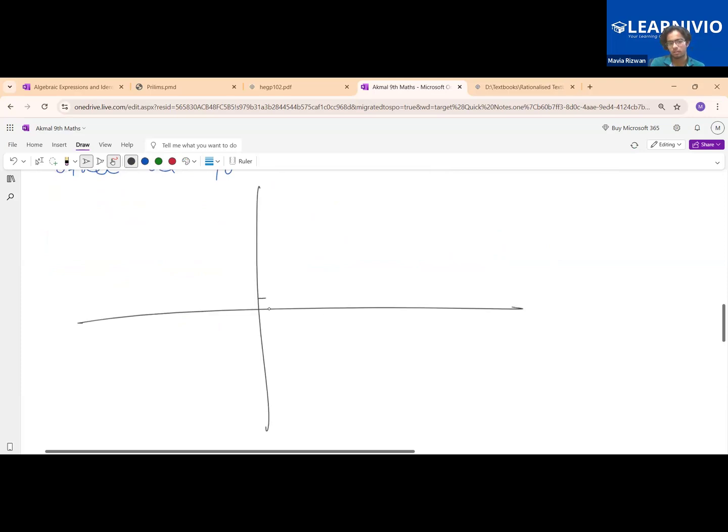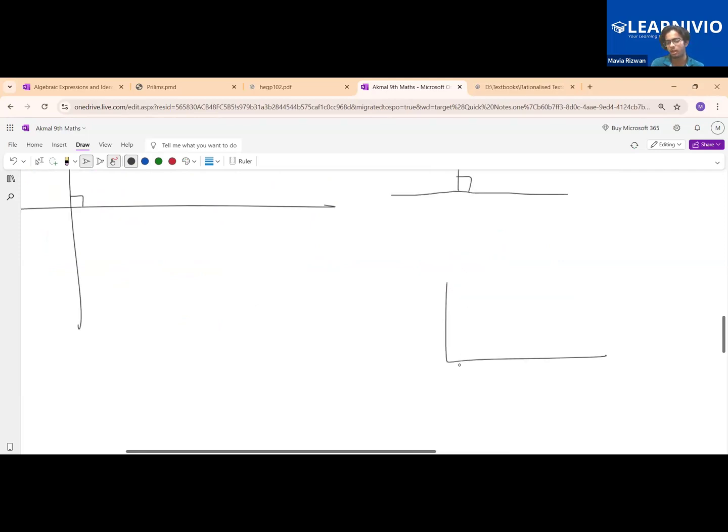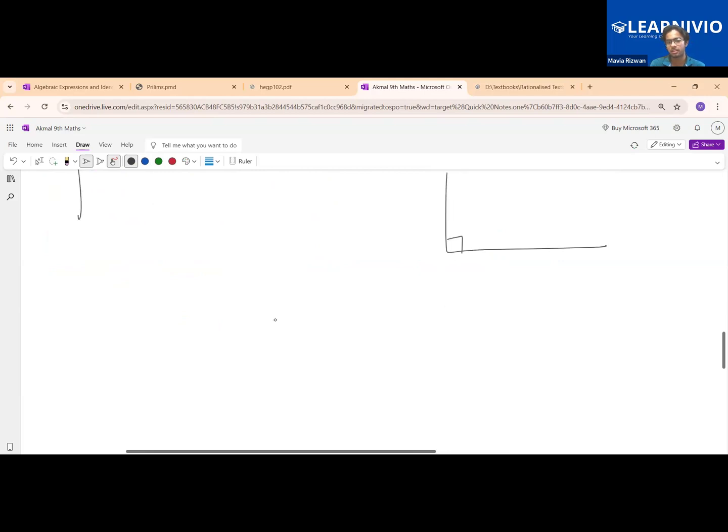They are cutting each other at 90 degrees, so they are perpendicular. I have this, see, these two are perpendicular lines. I have this 90 degree, so they are perpendicular. Is this clear?